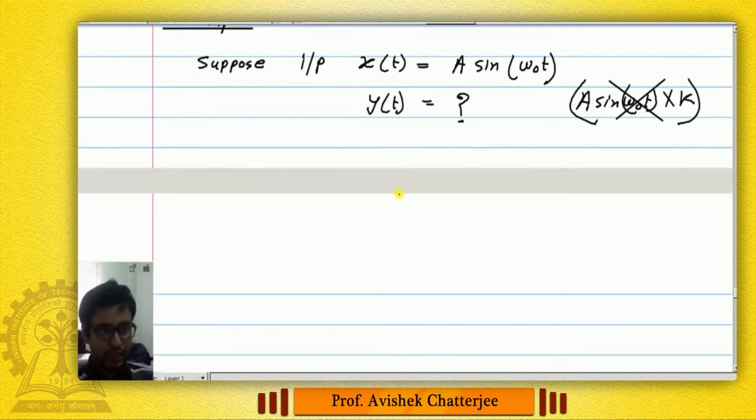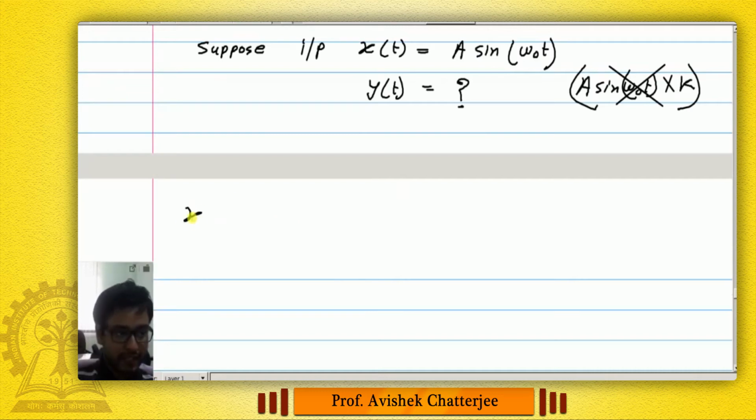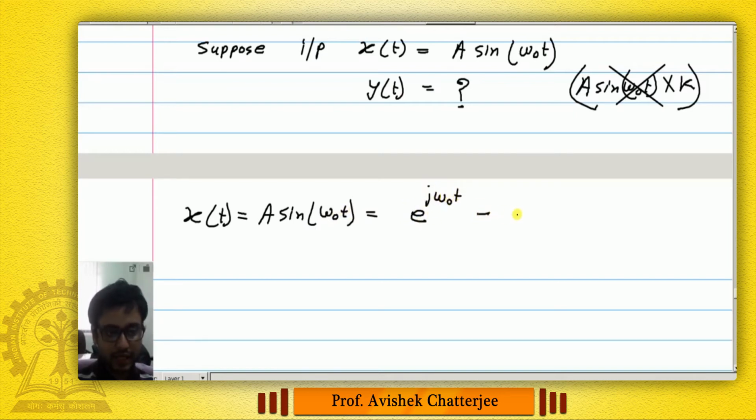However, what I can do is write x(t) as a sine omega naught t, which is equal to e to the power j omega naught t minus e to the power minus j omega naught t divided by 2j, and this a is the amplitude.